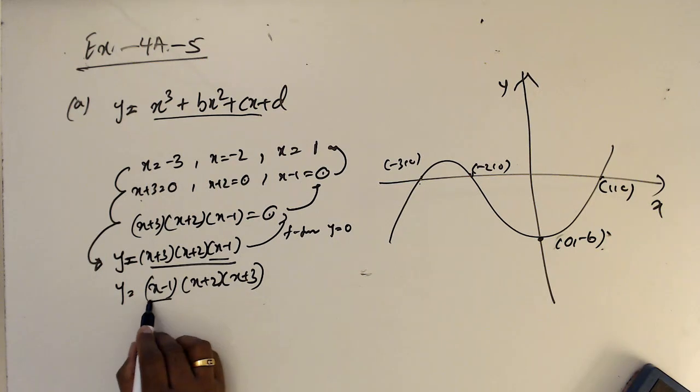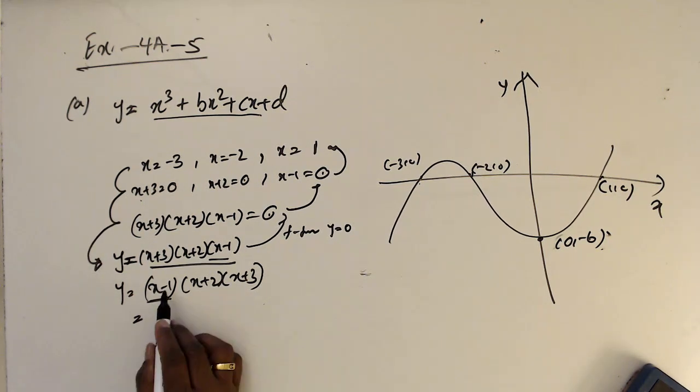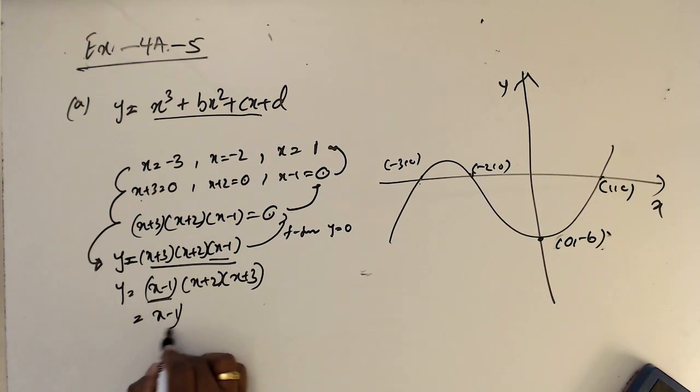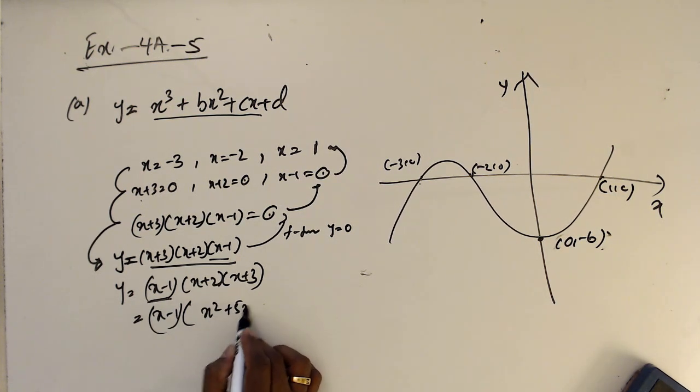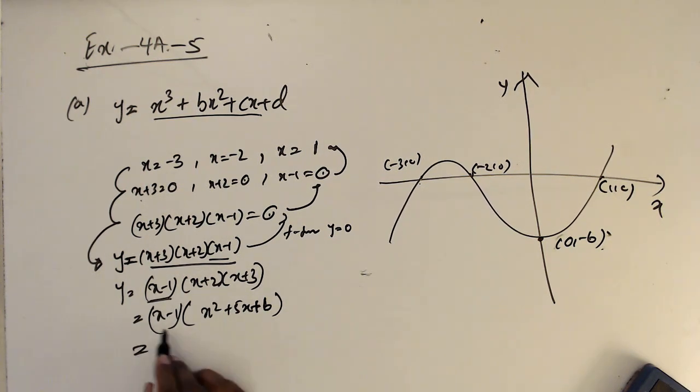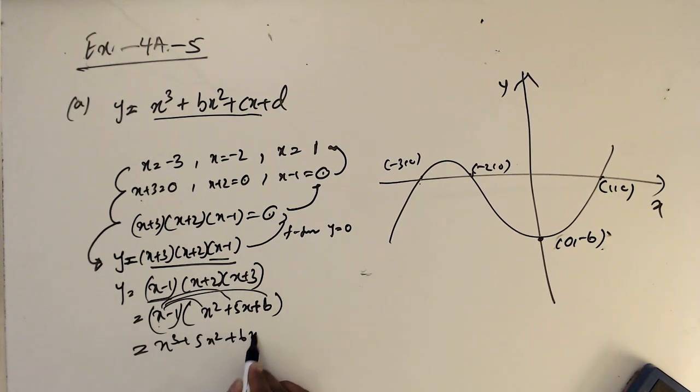I did it because x minus 1 is a negative number, to reduce the risk of errors. So x squared plus 5x plus 6. Now I multiply everything by x. x cubed plus 5x squared plus 6x.